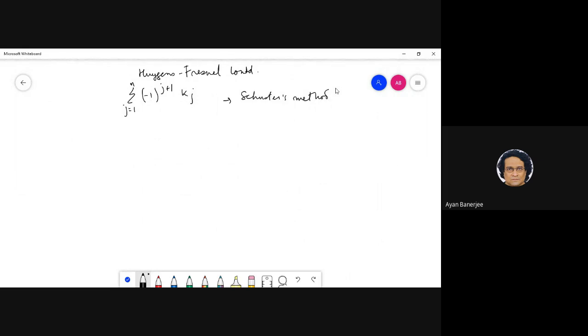So what happens in Schuster's rule? Obviously n can be odd or even. So you basically consider two situations.